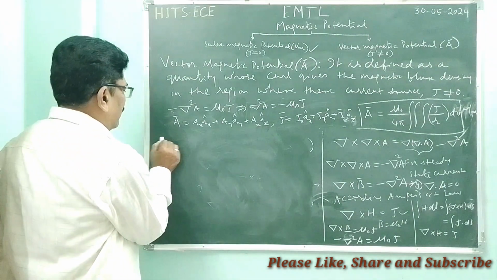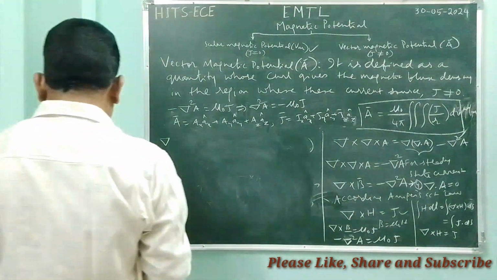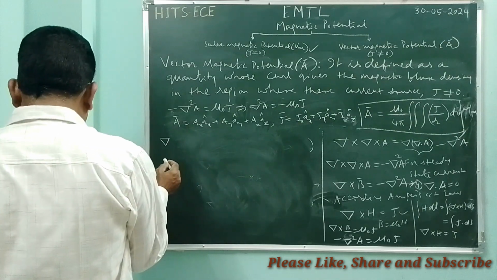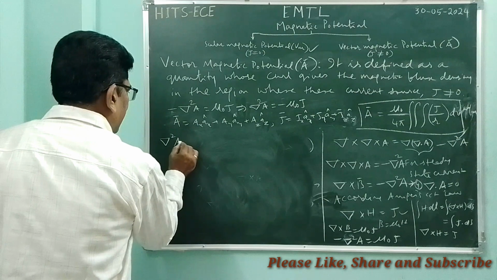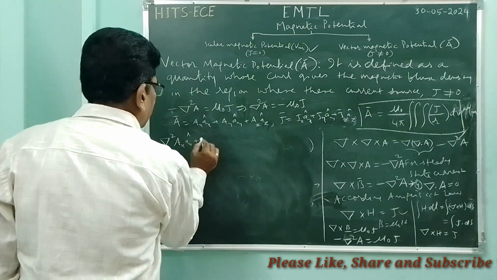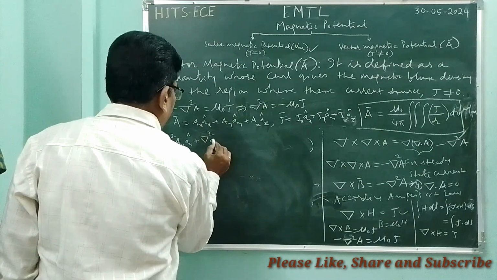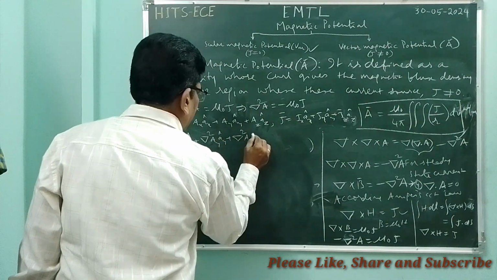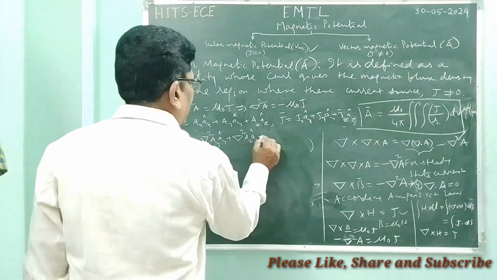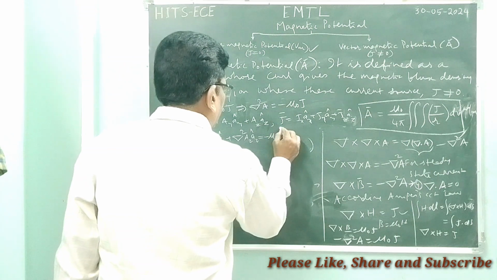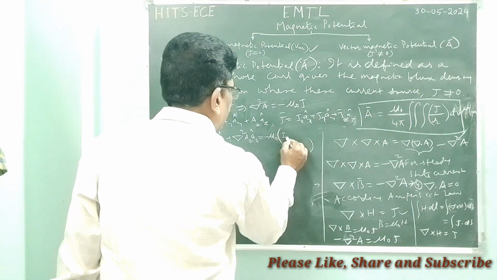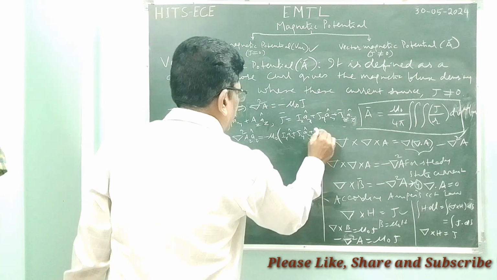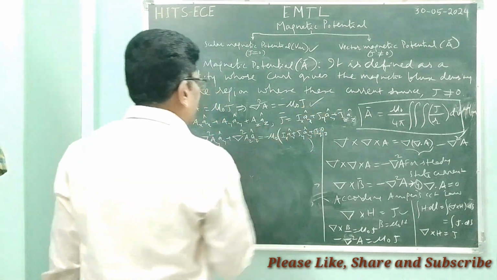That is del square Ax ax cap plus del square Ay ay cap plus del square Az az cap is equal to minus mu 0 into J, that is Jx ax cap plus Jy ay cap plus Jz az cap, as per this equation.